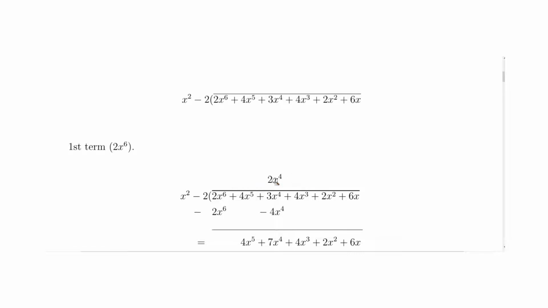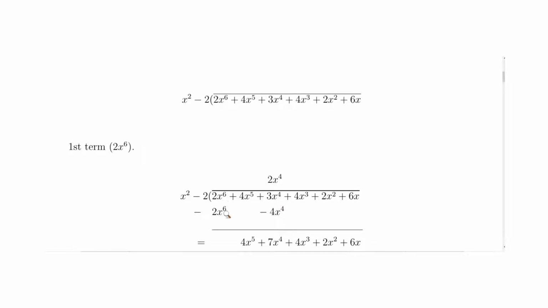Now we're going to distribute that with the x squared and the minus 2. 2x to the 4 times x squared is 2x to the 6, and 2x to the 4 times minus 2 is minus 4x to the 4. Again I've lined that up with the same power, so x to the 4, x to the 4. We've got them all nicely lined up.